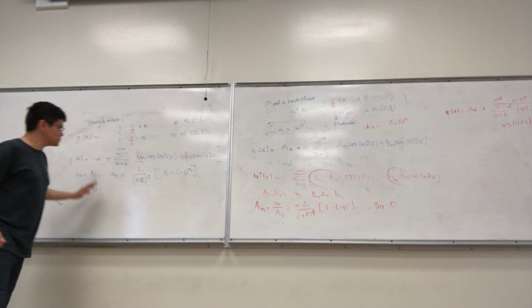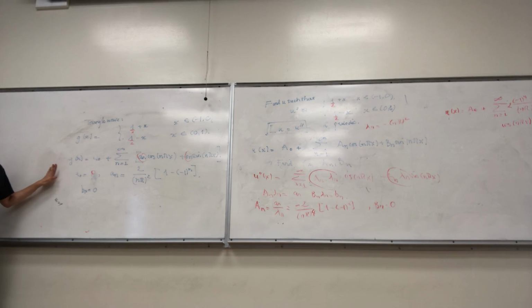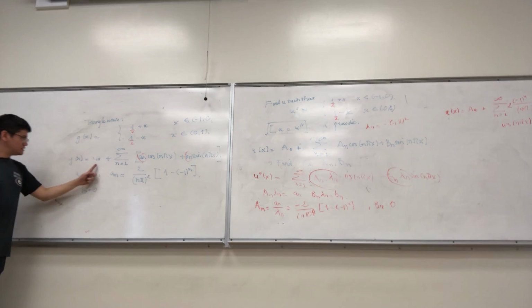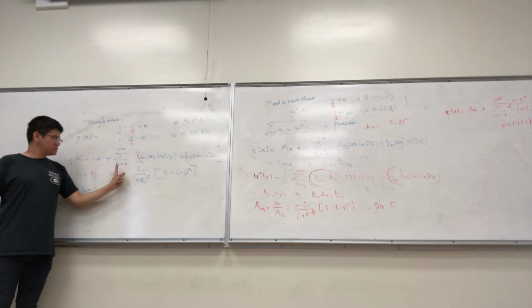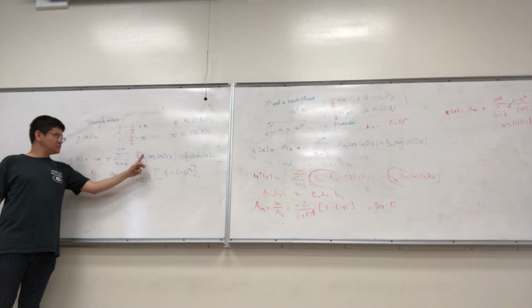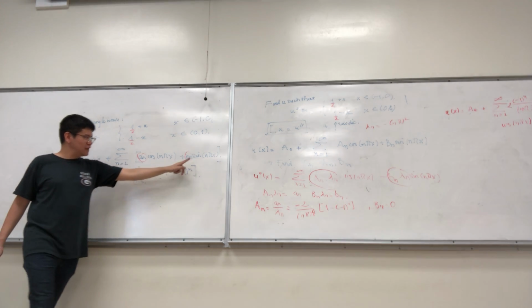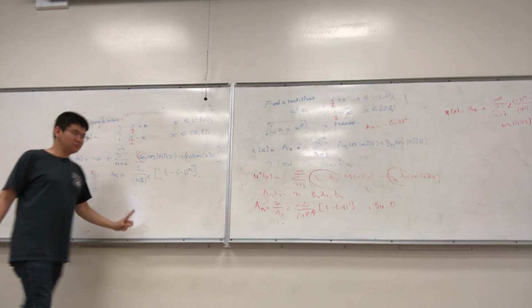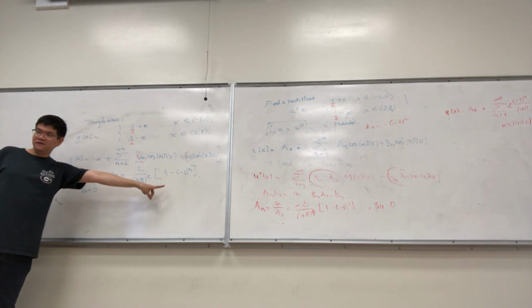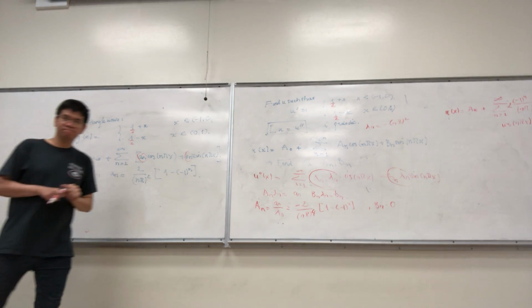And the Fourier expansion of the triangle wave we already computed in the previous exercise. So the triangle wave has the following form of the Fourier series: A0 plus the sum when n is going from 1 to infinity of an cosine n pi x plus bn sine of n pi x. Bn is 0 and an is given by this formula, right?